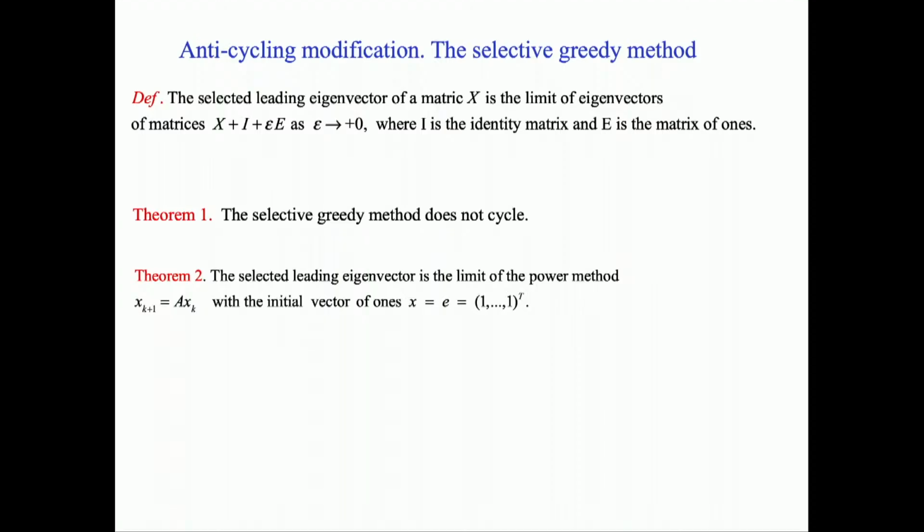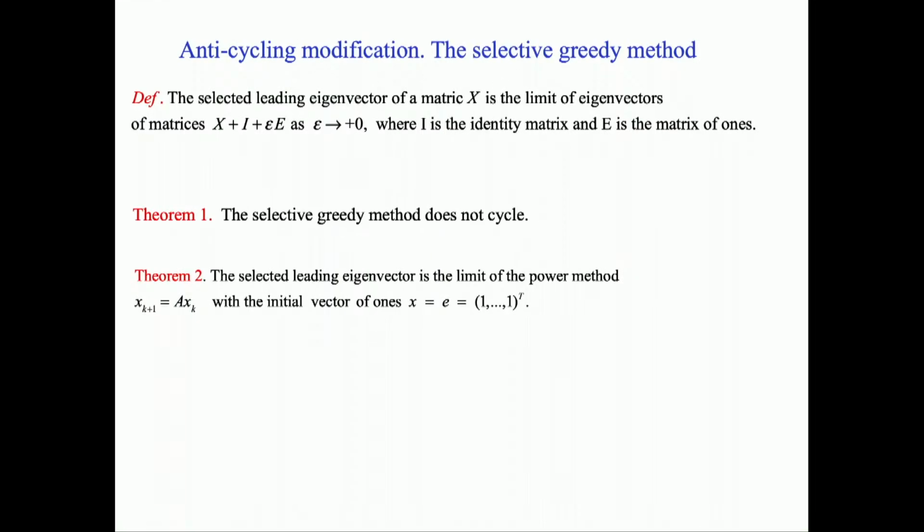We find the leading eigenvector by the simple iteration method, starting with the vector of ones. And the process will converge to the selected leading eigenvector. So if we compute the eigenvectors by the simple iteration method, the process will never cycle. Of course, we do not apply it for all iterations.